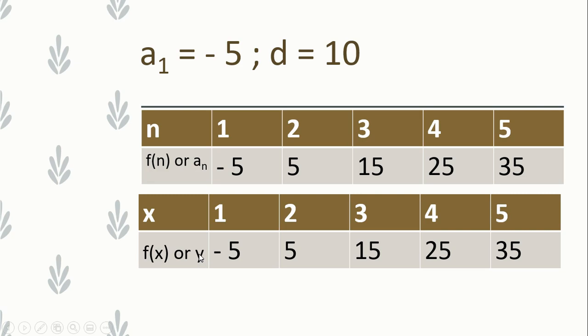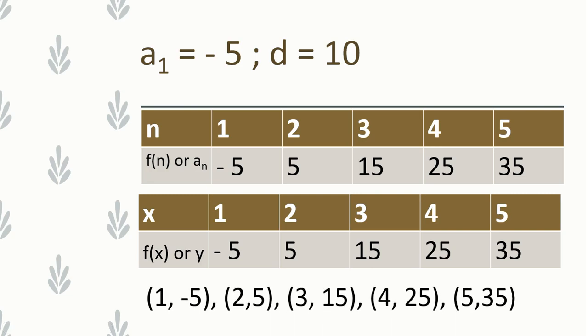Having such a statement, we can identify pairs of points such as 1 and negative 5, 2 and 5, 3 and 15, 4 and 25, 5 and 35. These are the set of points generated by the function or by the sequence, the relation of x and y.